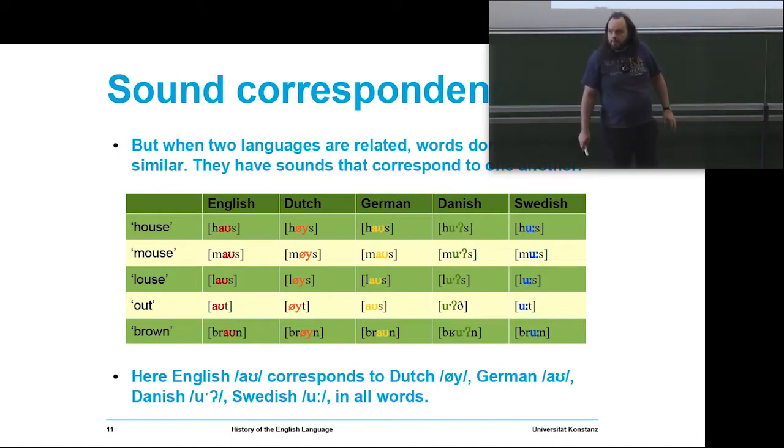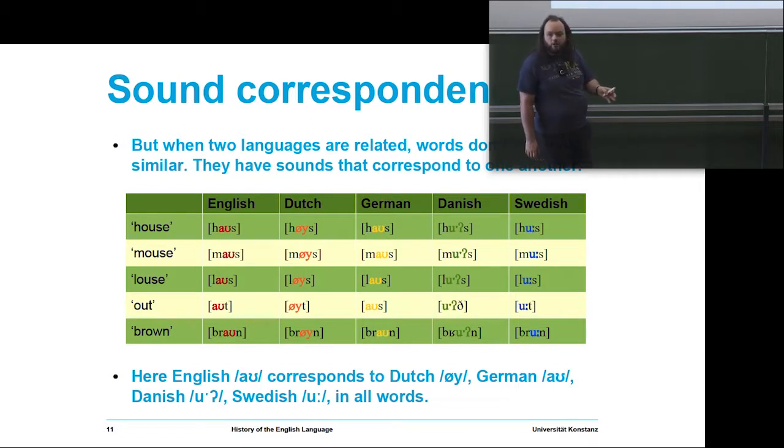Ooh, okay? And what happened, we can see this in the German written records, in the early New High German period, u changed into au. Now, again, that wasn't specific words, that was the sound changing, and all of the words which contained a long u became au. So here we've got house, mouse, louse, aus, and braun. And in English, a similar change took place.